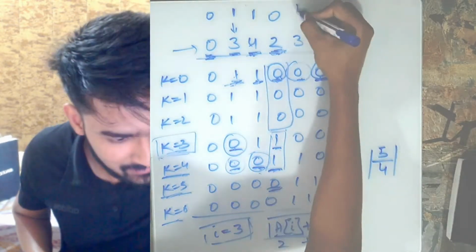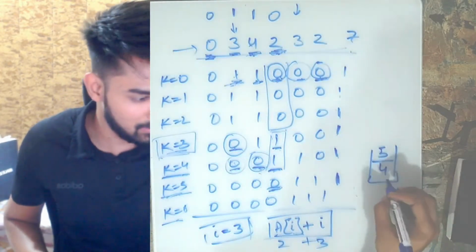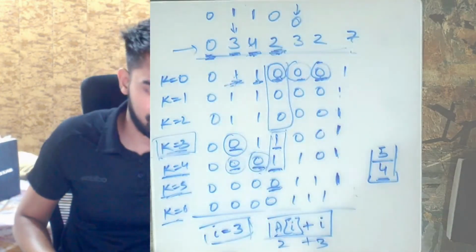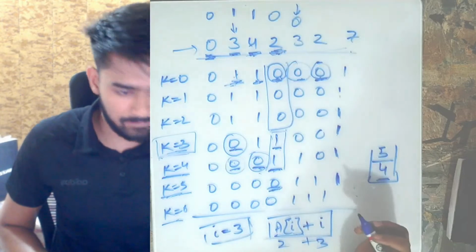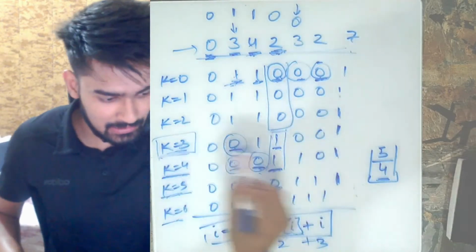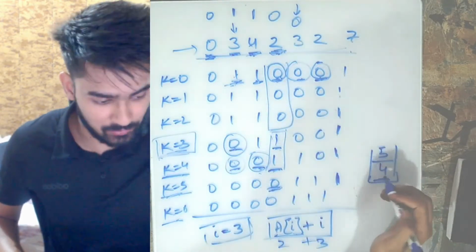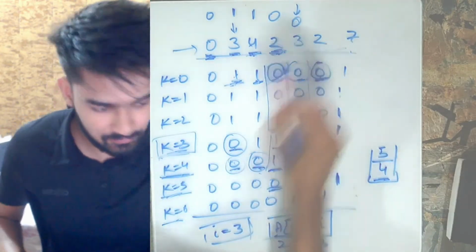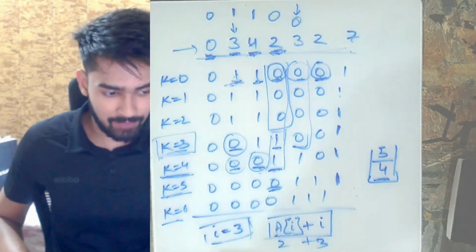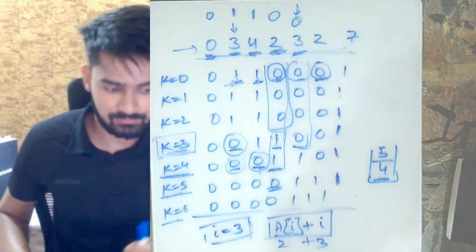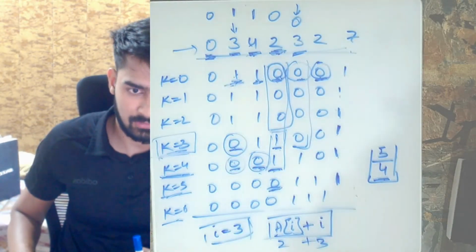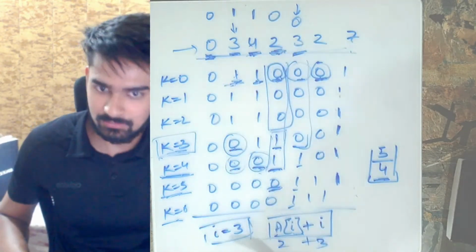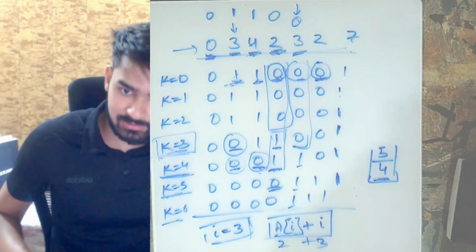Then I come on to my next index and say that since my queue had 4 at its front, I know this is 0. Since this is 0, I know that before i equals 4, I will have zeros only. Then I will have a i number of ones, so I have 1, 2 and 3 ones, and then I will have my next 0.